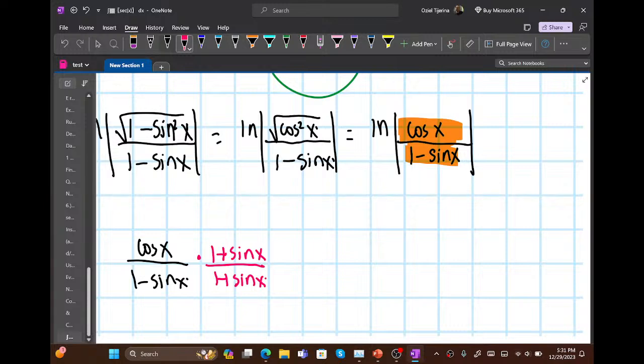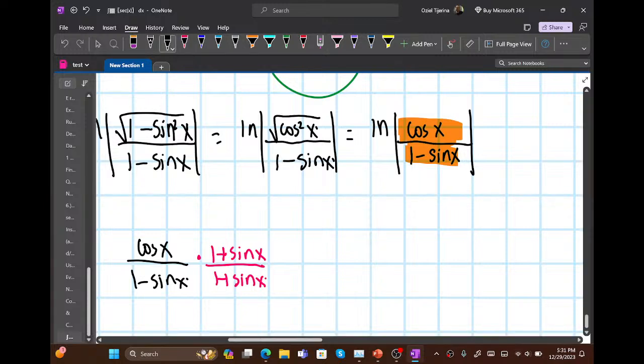So in other words, this is going to be cosine x times 1 plus sine x over 1 minus sine squared x.